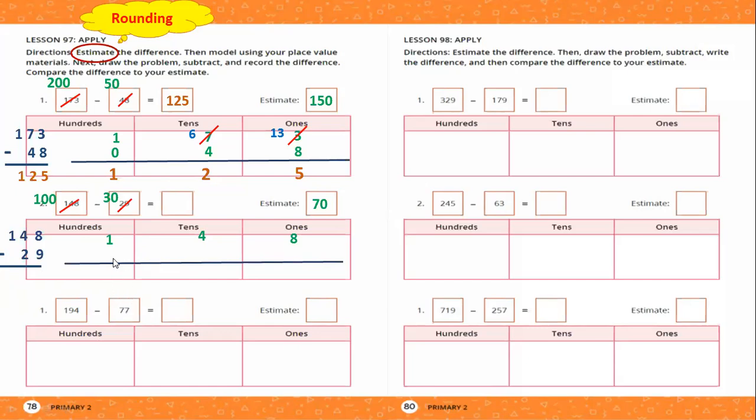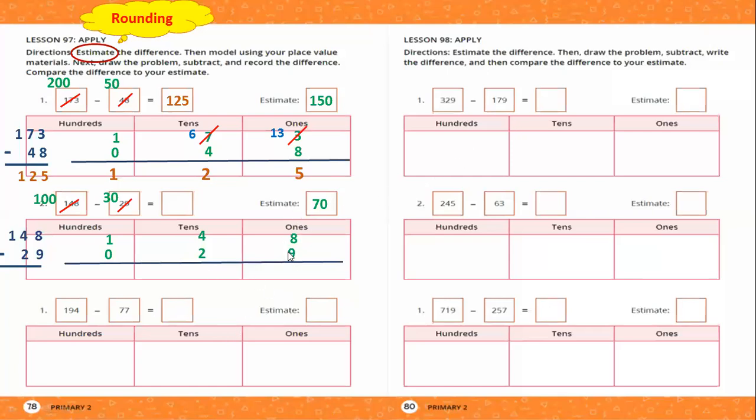No, so 0 in hundreds, 2 in tens, 9 in ones. We start with what? Yes, we start with ones.